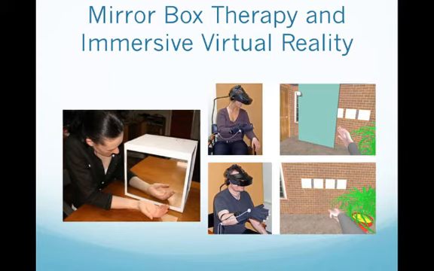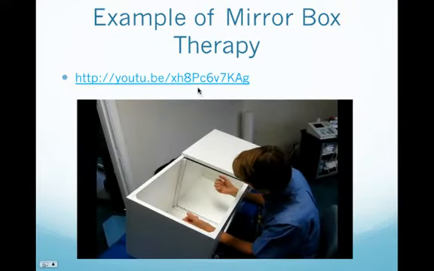The system detects the position and movement of the intact limb and virtually transfers the image to the space of the missing limb. The patient can then visualize on a screen the intact limb in the space of the missing limb. So immersive virtual reality allows more complete immersion into the illusion. However, mirror box therapy is more cost efficient. And here is an example of mirror box therapy.